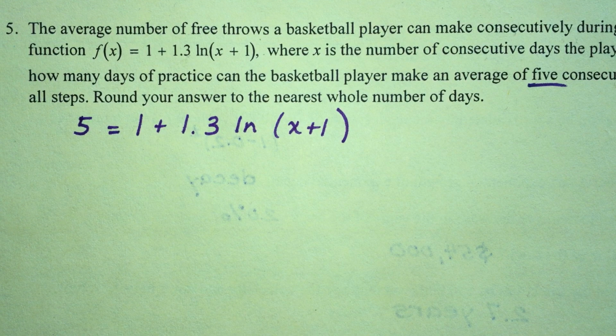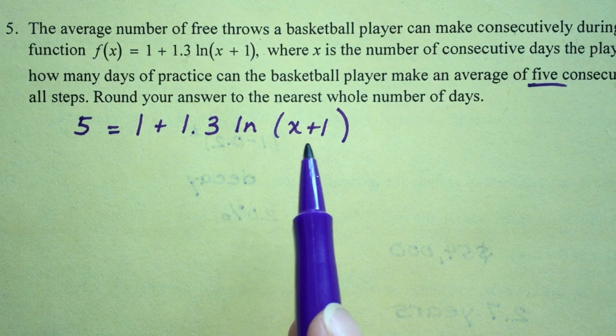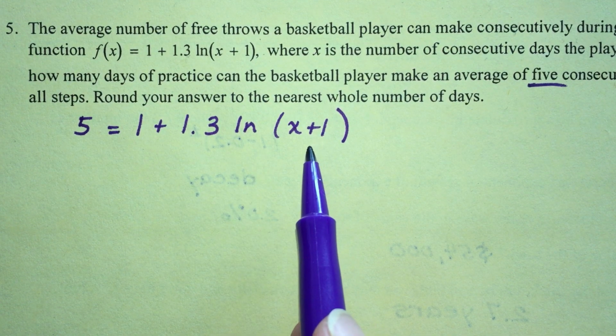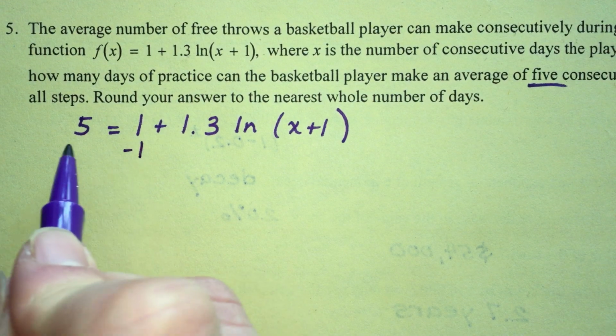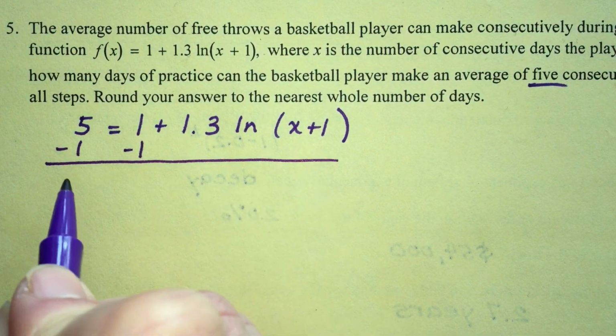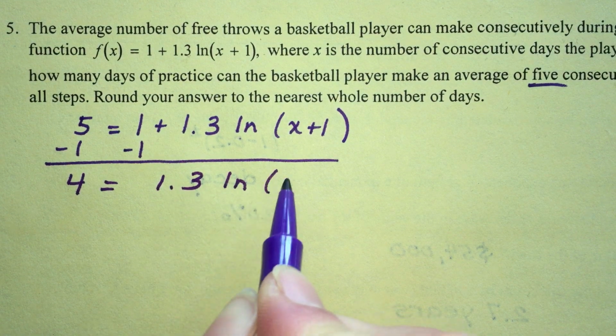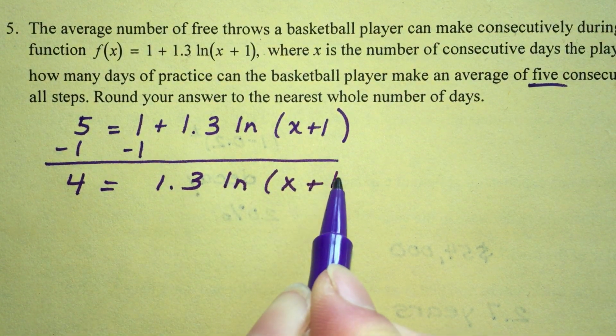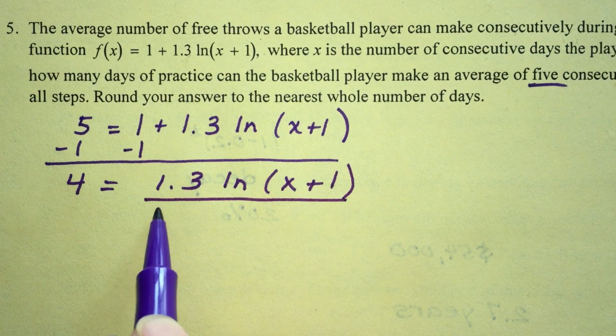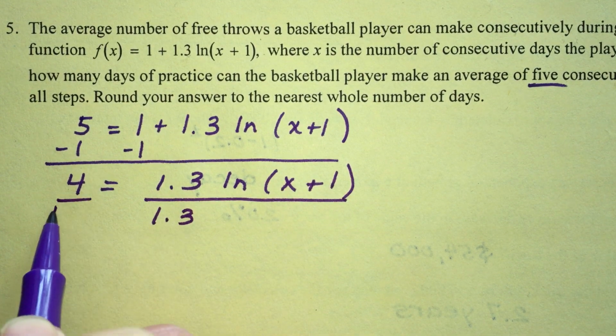Similar to our last problem, we want to isolate the natural log in this case. So we're going to undo everything else that we can. We can subtract 1 each side first. 4 equals 1.3 natural log of x plus 1. We can divide each side by 1.3.